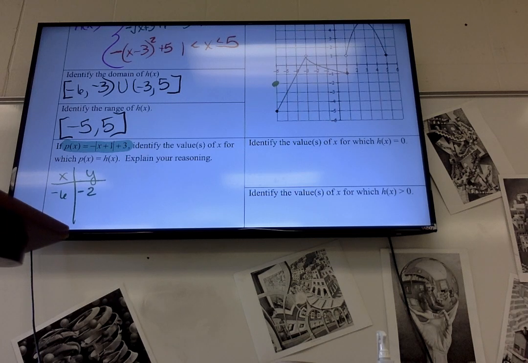I know I can figure out where my vertex point is for my V, my absolute value. It's going to go to the left 1 and up 3.